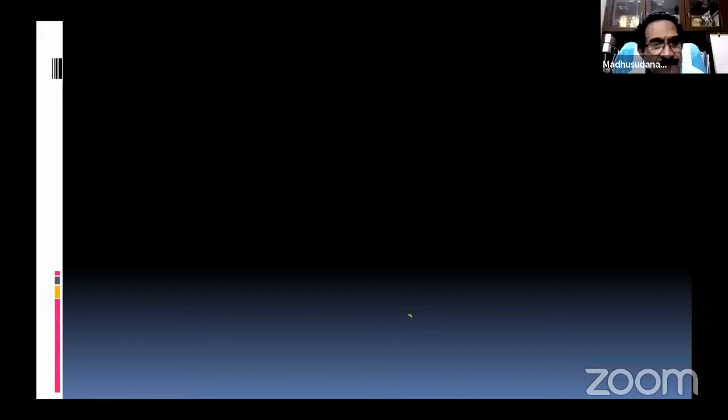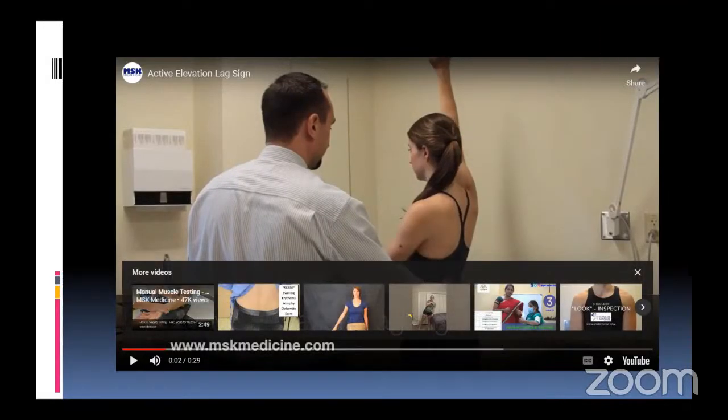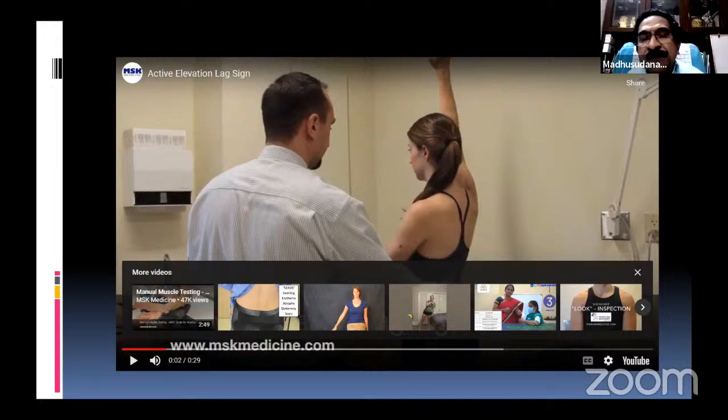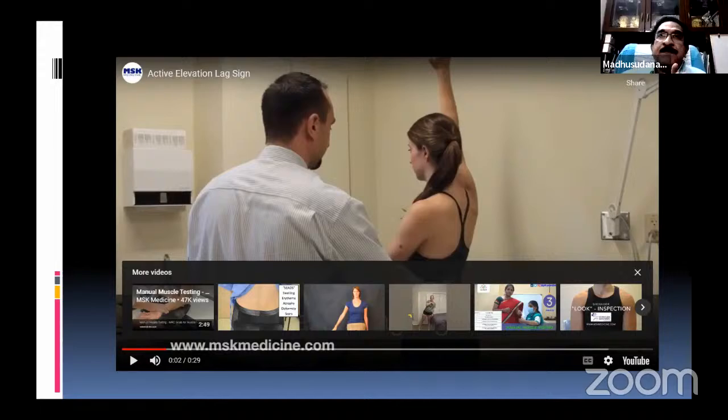Regarding the active lag sign, sorry, I'll stop. Yes, please. Sir, if there is active forward flexion and the trunk is hyperextended, what does that indicate, sir? It indicates weakness: the patient is unable to lift up here and produce a complete forward flexion.